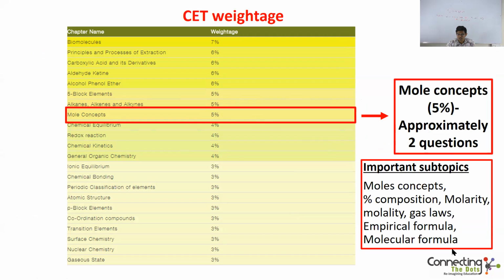Some of the important subtopics that we could focus on are mole concepts, percentage composition, molality, gas laws, empirical formula, and molecular formula. So these are some of the important subtopics which we can emphasize on. So let us look at the questions one by one and answer them accordingly.